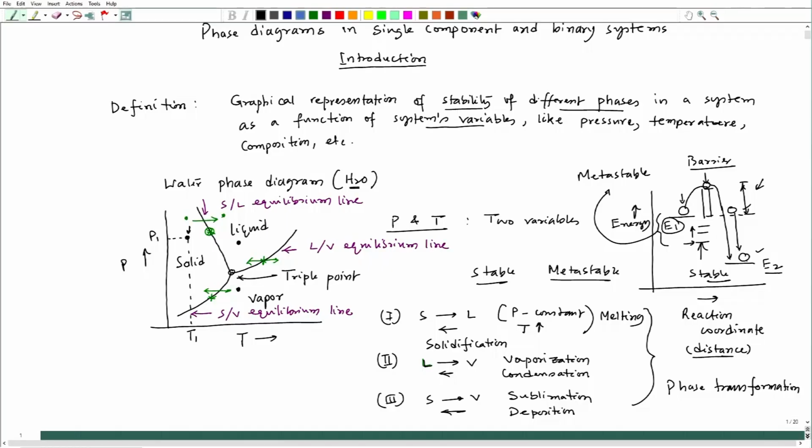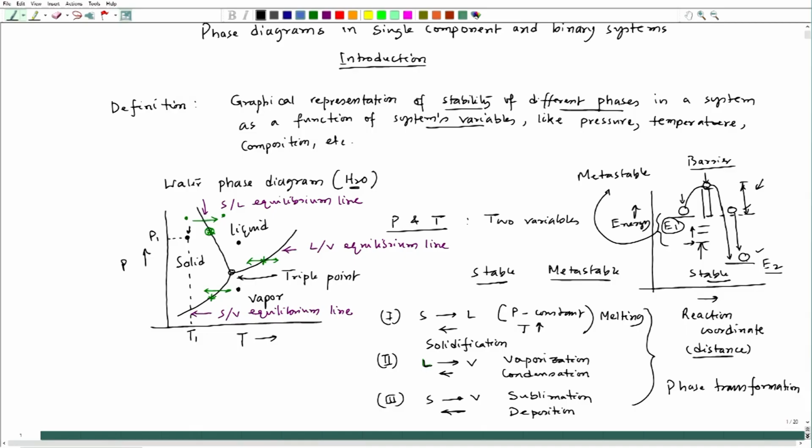So, now at least from this diagram I can sense the stability of different phases, the conditions for coexistence of different phases, and what phase transformations I could achieve. In fact, in this particular diagram there is one single point where all 3 phases can coexist.